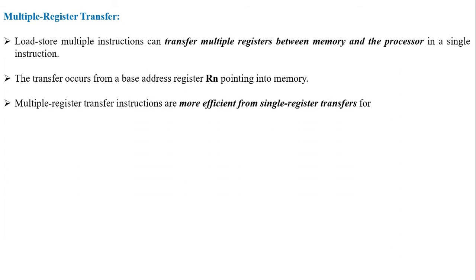Multiple register transfer instructions are more efficient than single register transfers, because by using them we can transfer a number of data at a time in a single instruction execution. That is the reason we can say that multiple register transfer instructions are more efficient than single register transfers.